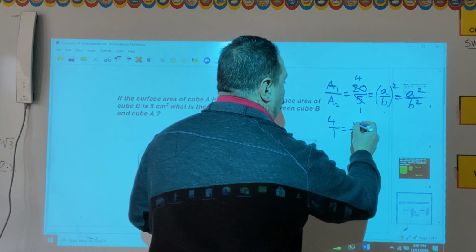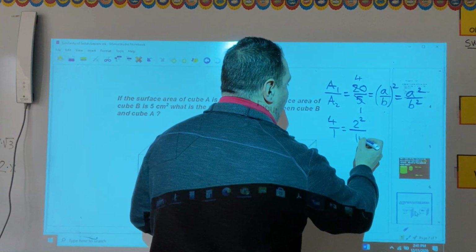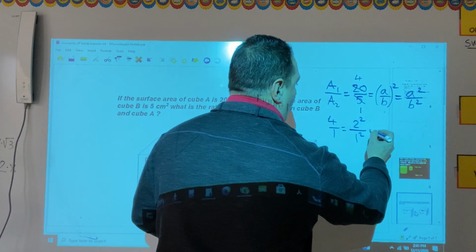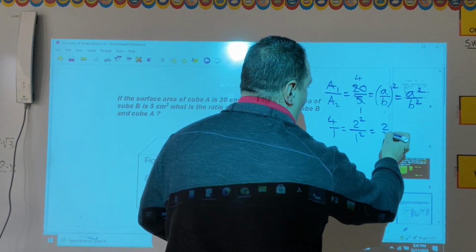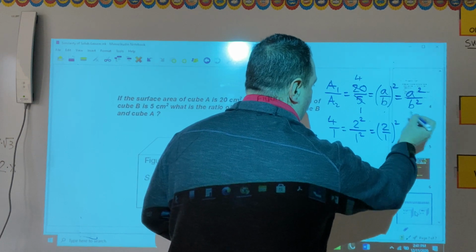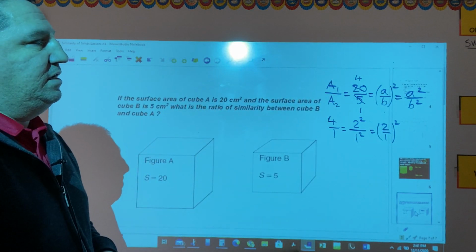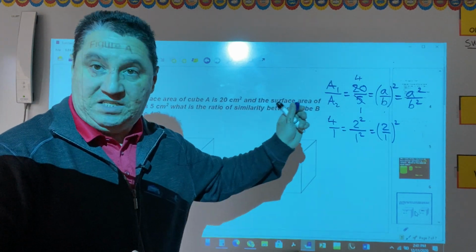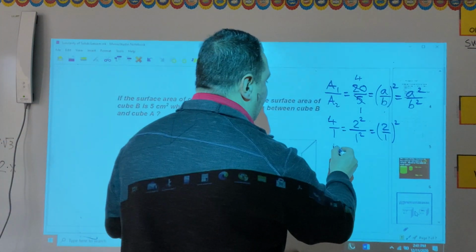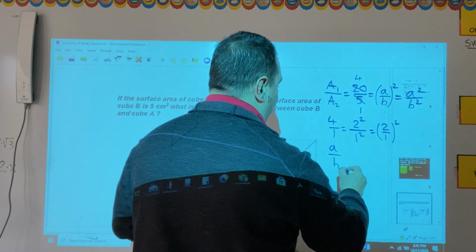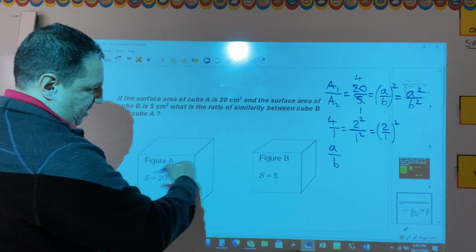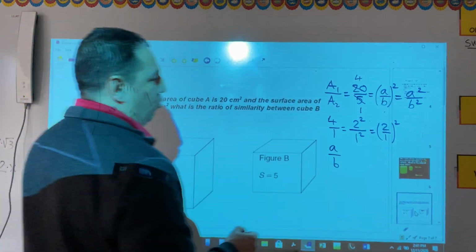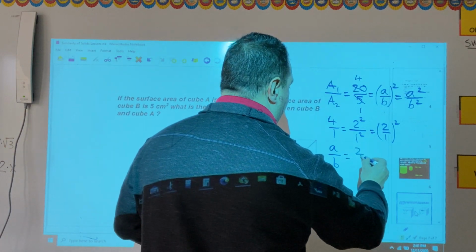It would be 2 squared over 1 squared, which is, if you like, 2 over 1 to the power of 2, right? So we can easily find and see the similarity ratio. The similarity ratio between these two cubes would be 2 over 1.